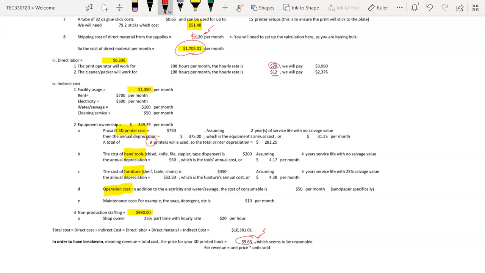When you look at the 3D printer depreciation, even if you increase the number of 3D printers, the depreciation is not going to change. The cost of hand tools is probably the same. The furniture is probably the same. Maybe you need another shelf. The operation cost is probably the same. The rent is very likely the same. Electricity may have a spike, like $600. Water, sewage, and so on.